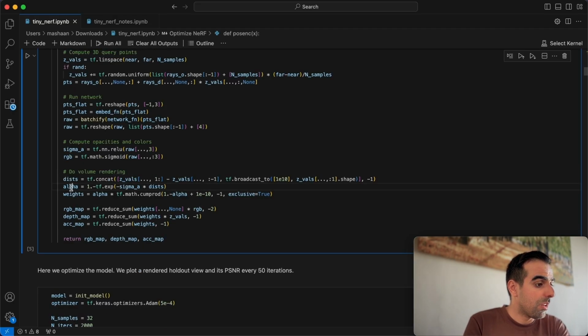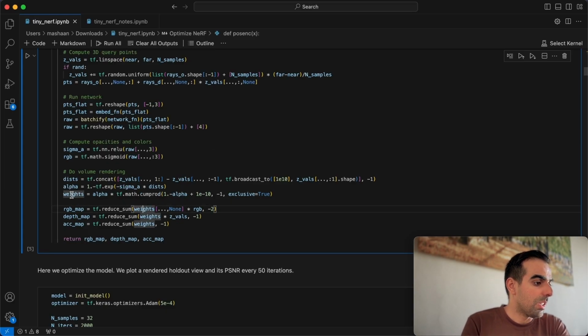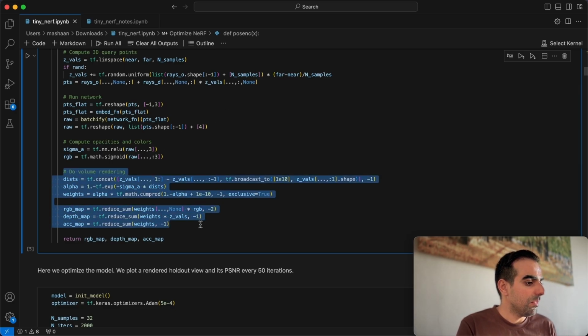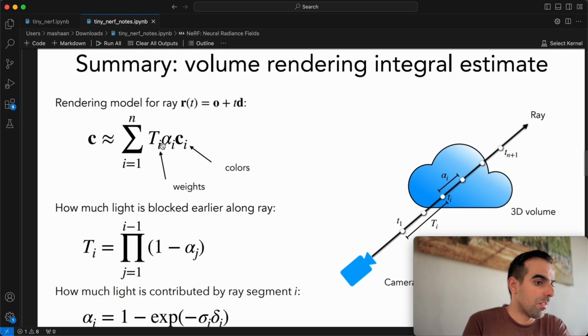Here you're computing alpha, computing the weights. Then you are finding the RGB using the weights that are computed here in this formula. So this part here is basically performing this equation for all the 3D points in the scene.